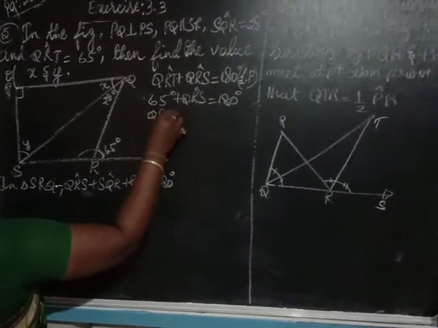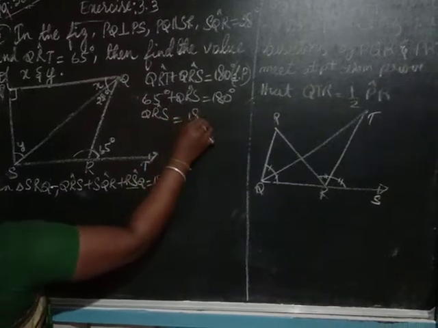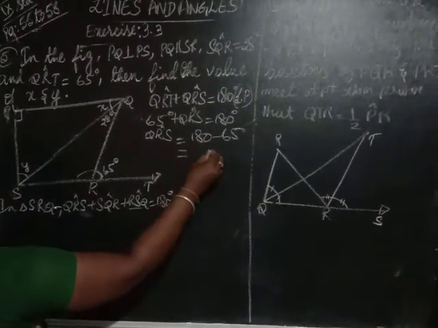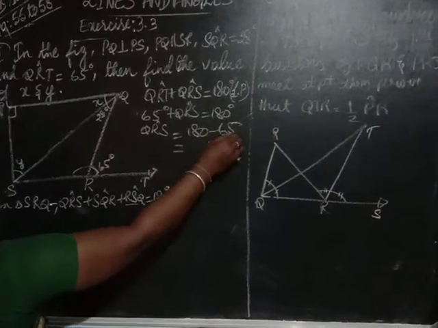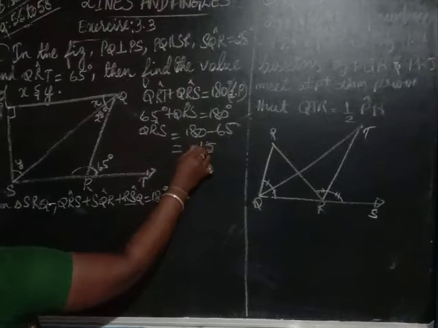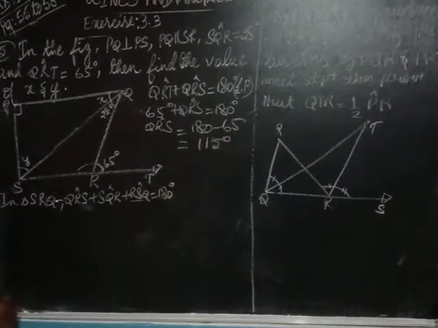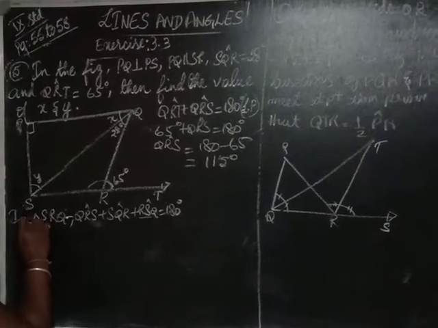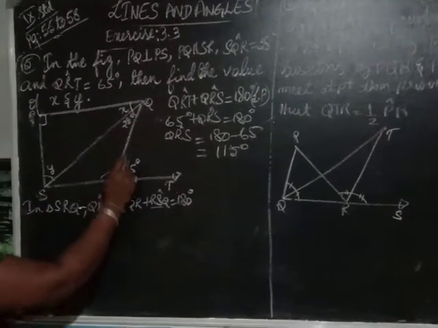QRS is equal to 180 minus 65, that is equal to 115.